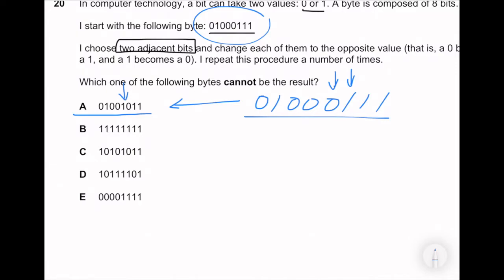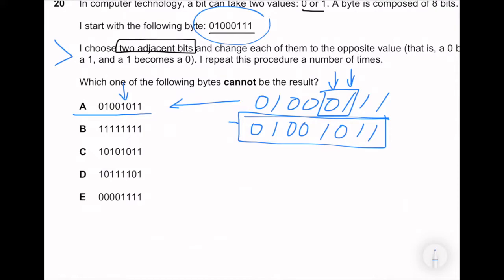So we just do this exercise: we switch these two bits, flipping them to the opposite value. The 0 becomes a 1, and the 1 becomes a 0, and the other digits are just filled in because we didn't do anything to them. You see what we did? So voila, that is answer A. Because A could be made, and the question is asking what cannot be the result of this procedure, A is not the right answer.